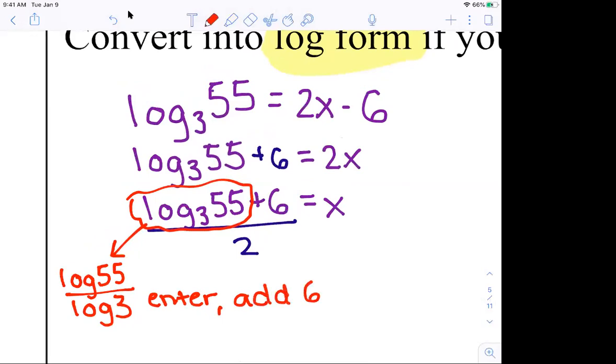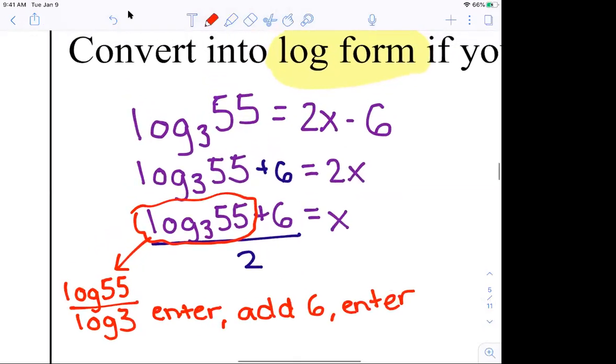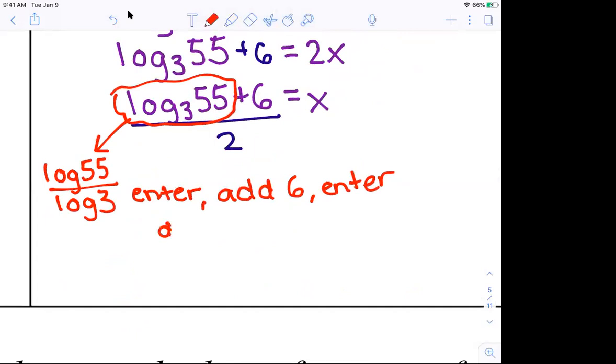Add 6, enter. Then divide by 2. And then enter, and that will be your final answer. So I'll show you that on the calculator as well.